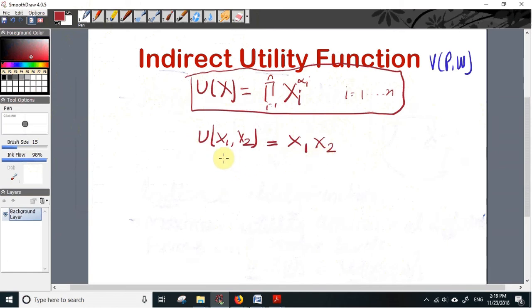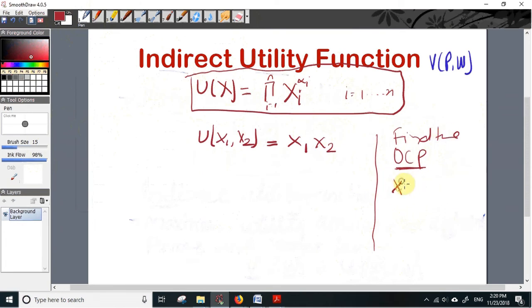To find the indirect utility function, the general procedure is, first we find the optimal commodity purchase, or the optimal amount of x that the consumer will purchase as a function of price and income.